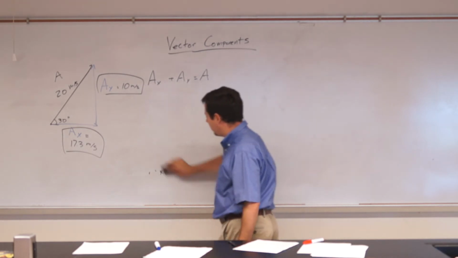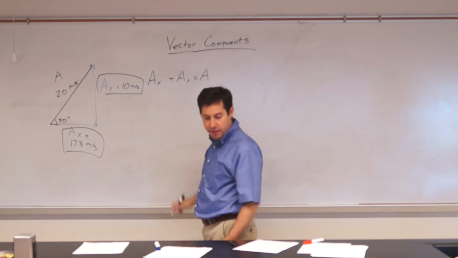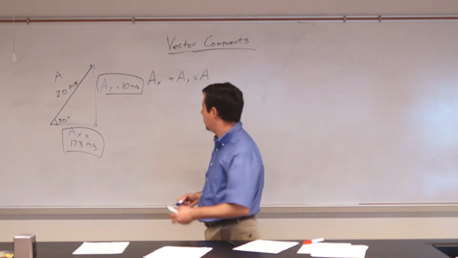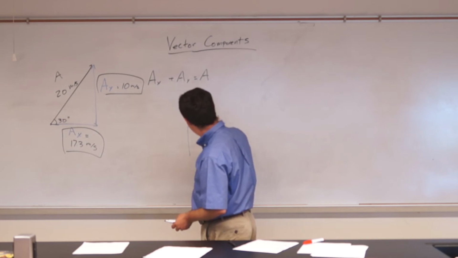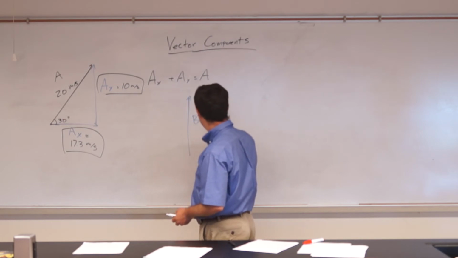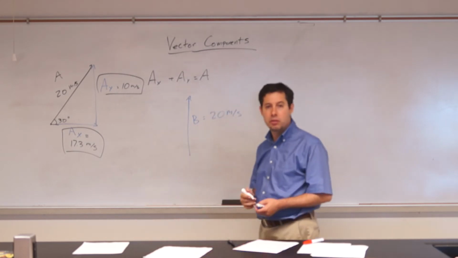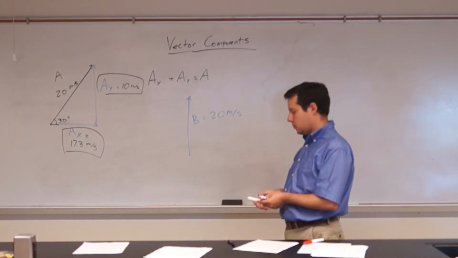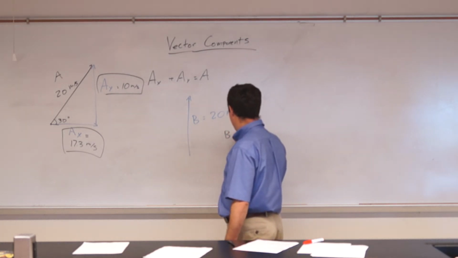And I'm going to make vector B pretty easy. And I'm going to say vector B is equal to 20 meters per second directly north. So we can figure out B sub x and B sub y pretty easily.